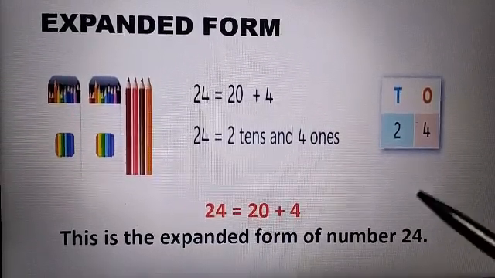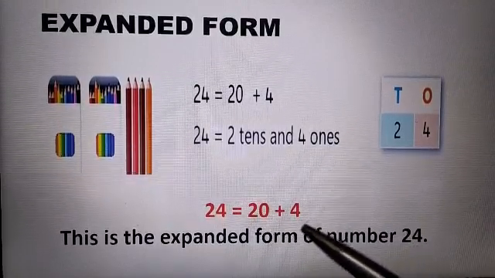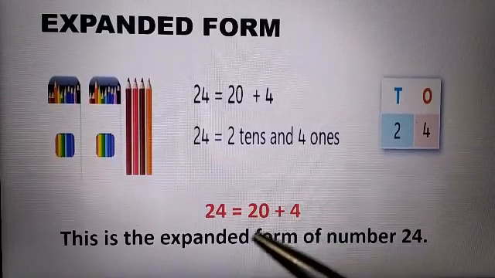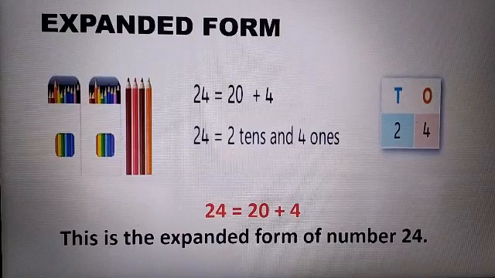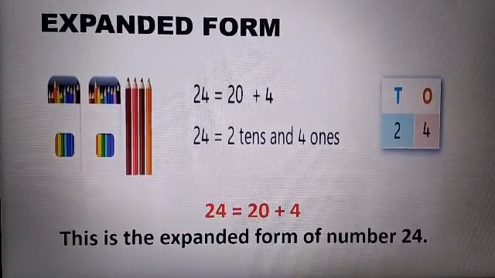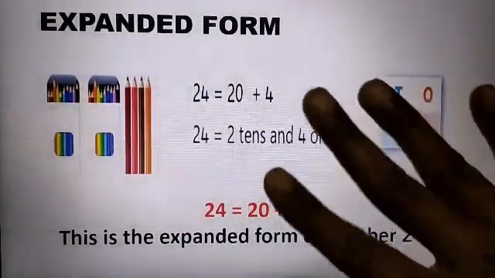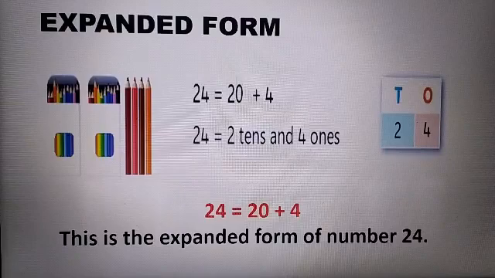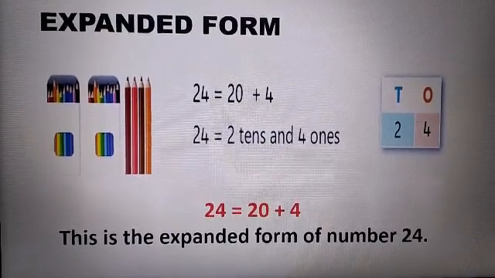Okay, kids? So the number 24's expanded form is 20 plus 4. So if we add 4 to the number 20, we will get 24. Like 20 and count 4, it is 21, 22, 23, 24.